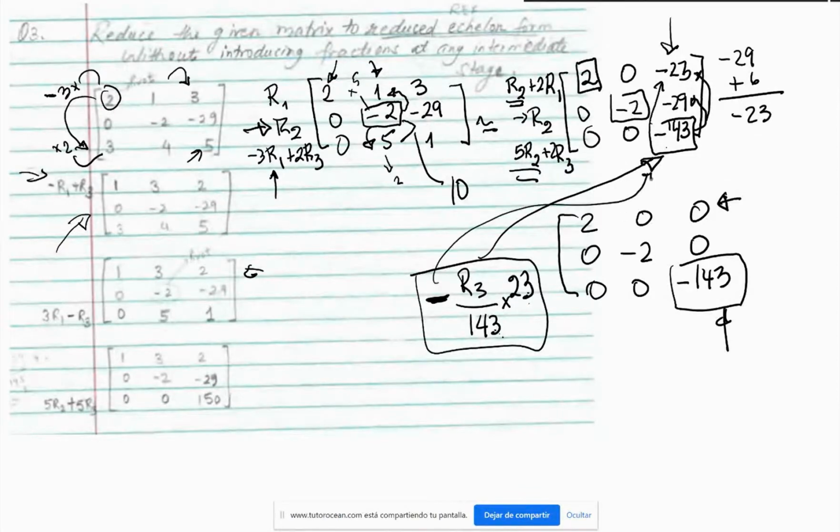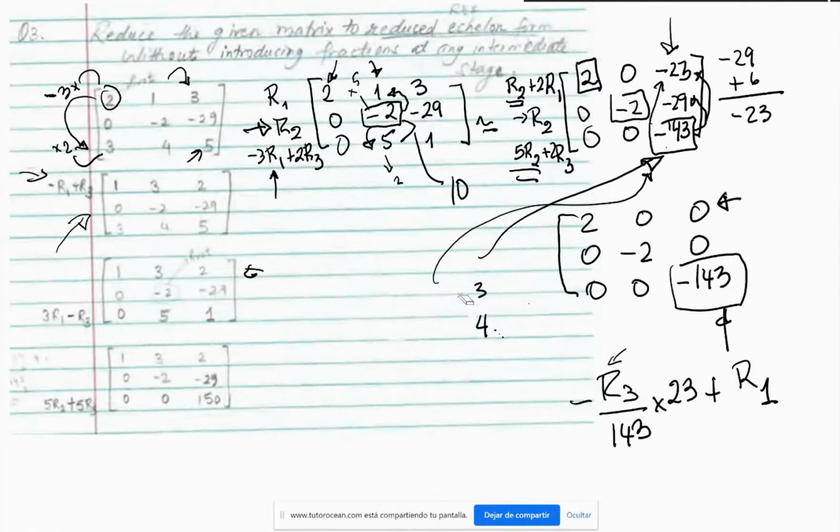Multiply by the other, plus row 1. Minus row 3 divided by 143 times 23, plus row 1.